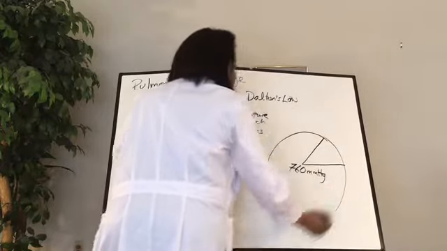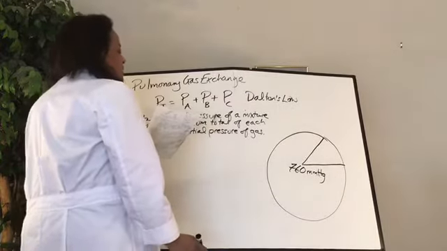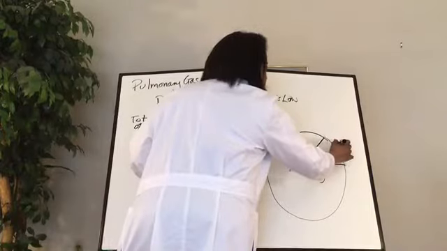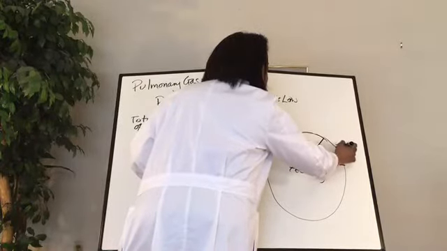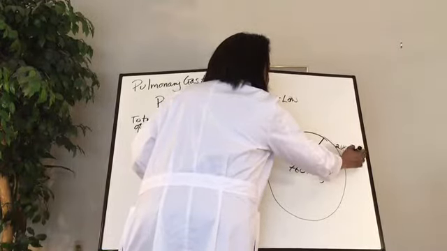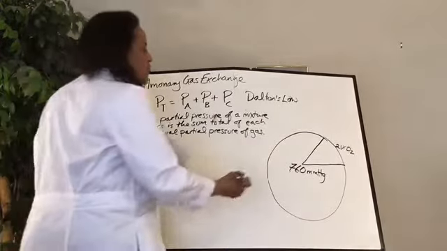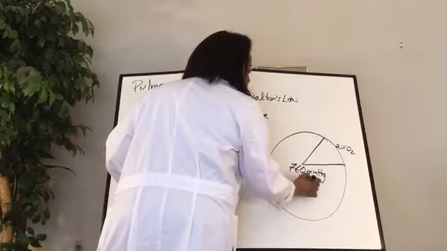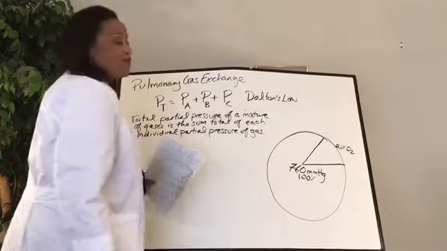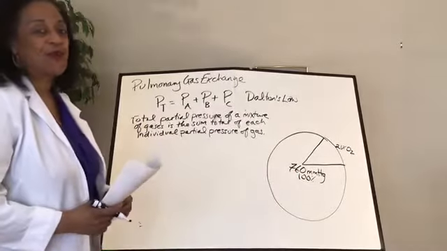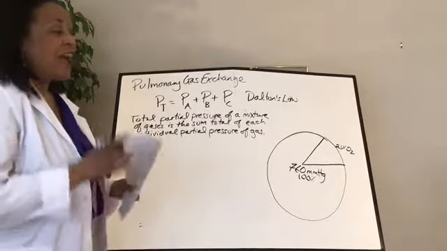Here, we'll take a chunk of that. This is 21% oxygen. We know this is 100% because that's our whole atmosphere. That's what our atmosphere is made up of, 760 millimeters of mercury. So that's 100%.